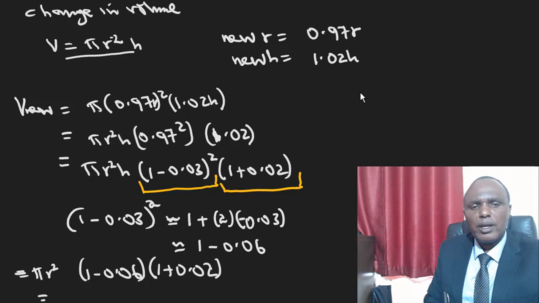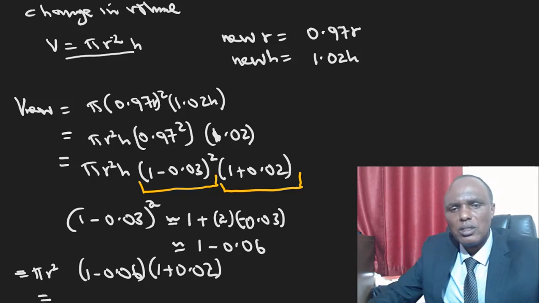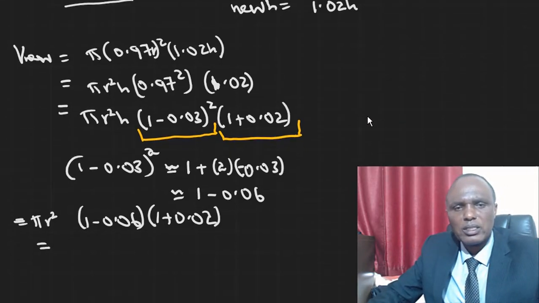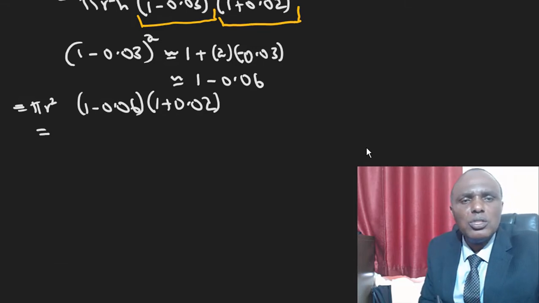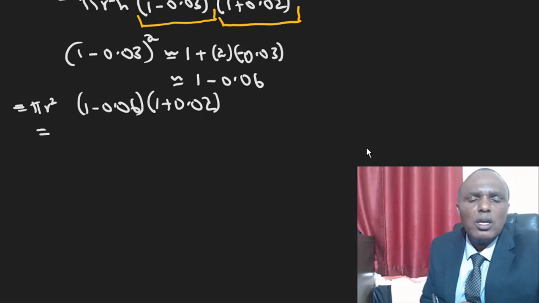Let us multiply these two binomials using approximations. 1 multiplied by 1 gives 1. 1 multiplied by 0.02 gives plus 0.02.